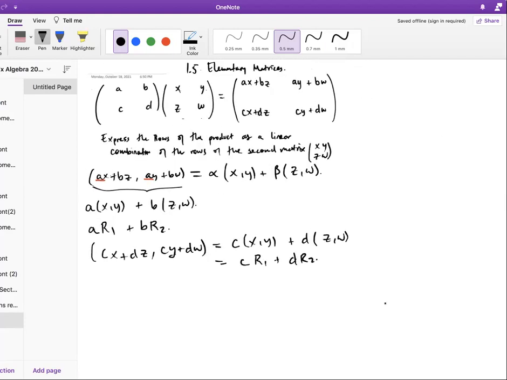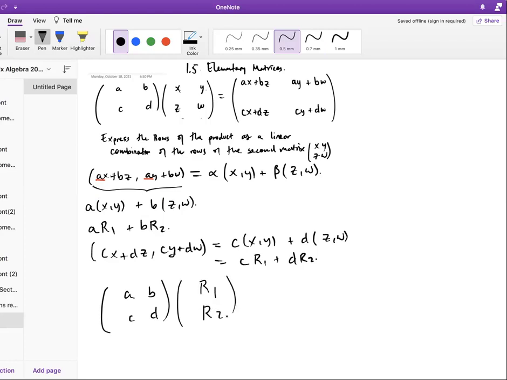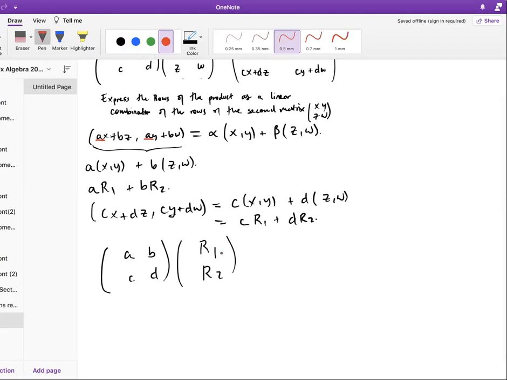So if you think about it a little bit, what you really could do is view matrix multiplication and shrink down your second matrix into a column of rows. So I'm viewing this as a column of row vectors.